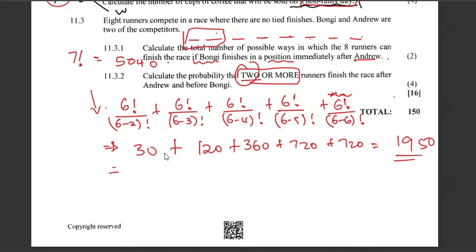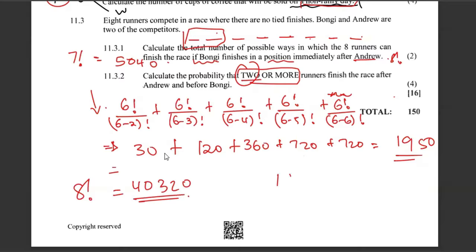Now, with this 1950 as output, I need to also find out how many ways I can arrange them. Since there are 8, remember the positions can vary. What is 8 factorial? So we know that 8 factorial gives us 40320. Now, if I'm to look at all the positions, we have to just divide what we have and then obtain the answer.